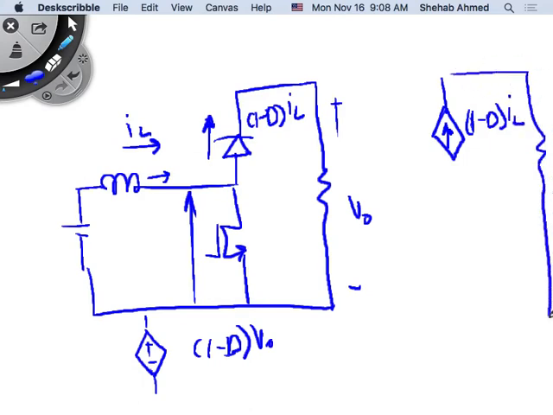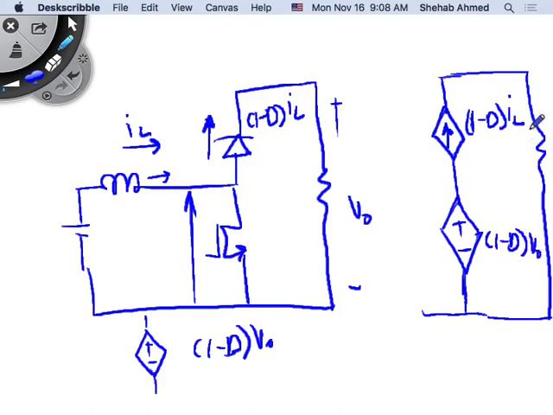This would be my load. This would be my voltage source. The voltage source value would be 1 minus d times V output, where V output is this output voltage here, and this is my input. Okay? Yes?